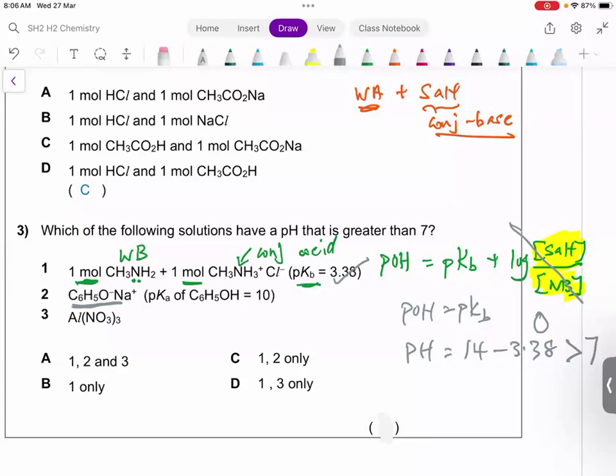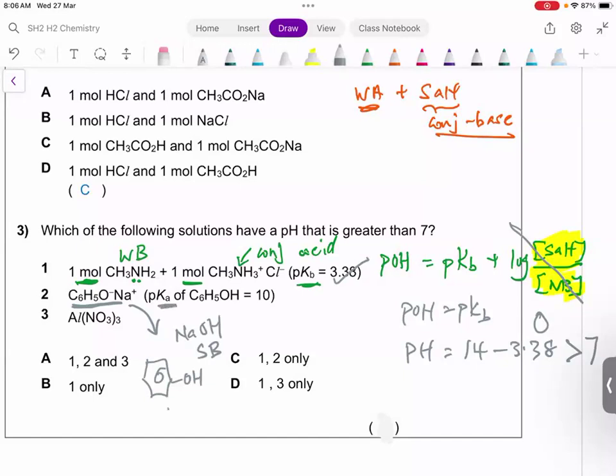Are you awake? So this salt, who are the acid and base parents forming this salt? Yeah, sodium hydroxide, which is a strong base. Then who is the acid that forms this salt? Phenol. All right, so phenol from organic chemistry, you know that is a weak acid. Or since you are given a pKa value, it implies a weak acid.